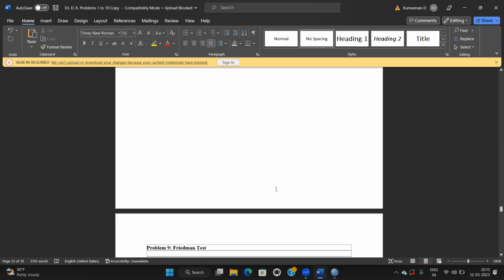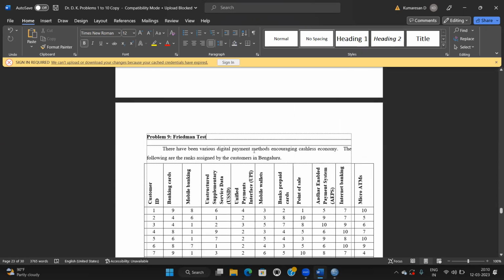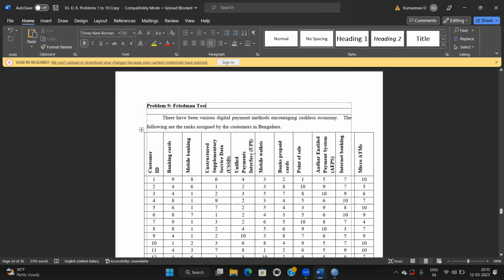The next one is somehow different, the Friedman test. See, nowadays we are using digital payment methods. We are using banking cards, mobile banking, USSD, UPI, mobile wallets. Sometimes prepaid cards are issued by banks. At the time of purchase of goods, we are swiping the cards at the point of sale device. Sometimes using the Aadhaar card itself, you can transfer or withdraw funds from your bank account without the use of your banking cards.